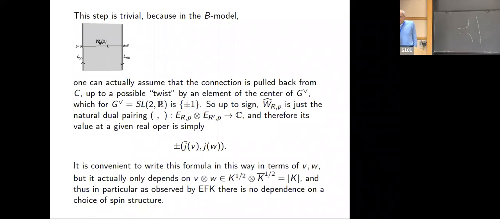Now, interpreting this as an operator is trivial because in the B model, we can actually assume that the connection is pulled back from C up to a possible twist by an element of the center of the dual group, which for SL2C is plus or minus 1.